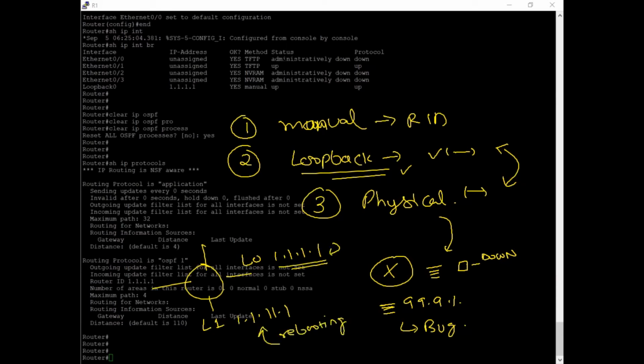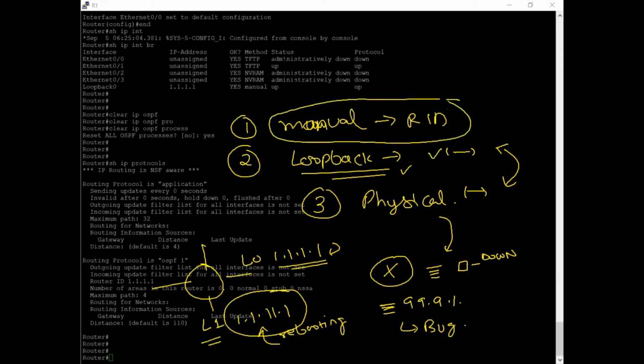Once you reboot, it will be captured from the highest loopback address of that particular device, which is not viable to get changed. In that scenario, manual is the one; when they were writing the RFC, they put manual RID at the topmost priority.